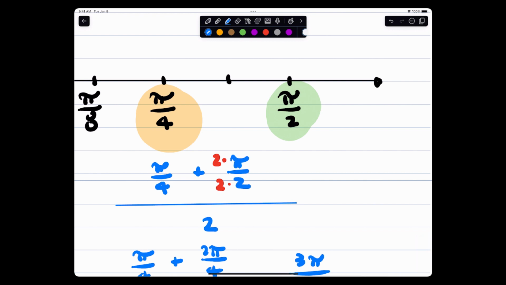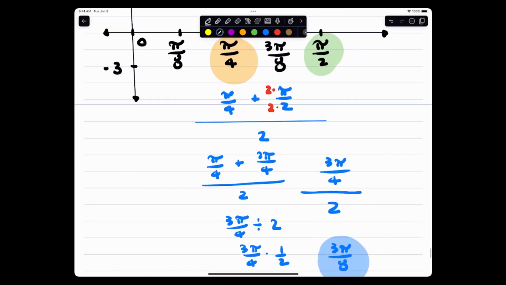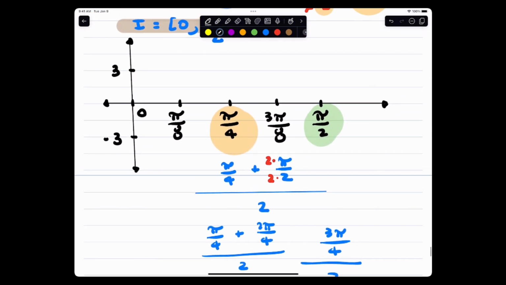Now I'm going to share with you guys something here. This is the mathematics. This is the arithmetic. But I want to share with you guys a little trick here that I use as well. See this distance is what? Pi over 8. Is that true? I want you guys to double check. This is pi over 8.